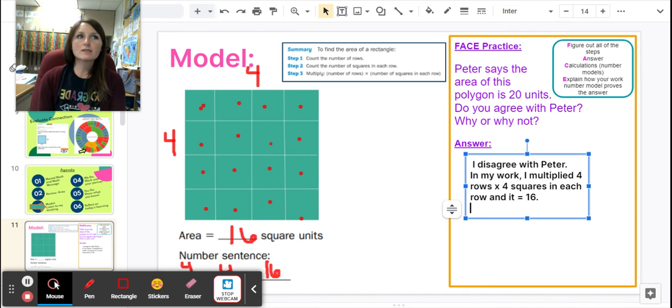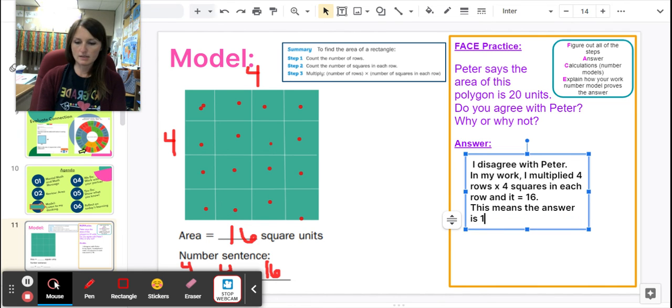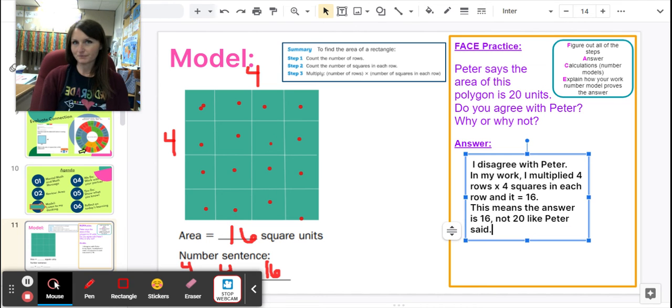Why does that mean I disagree with Peter? This means the answer is 16, not 20, like Peter said. So that's why he's wrong. So I showed my answer, I told you what I did, I multiplied 4 times 4 equals 16, and then explained Peter was wrong because he said 20 and not 16.